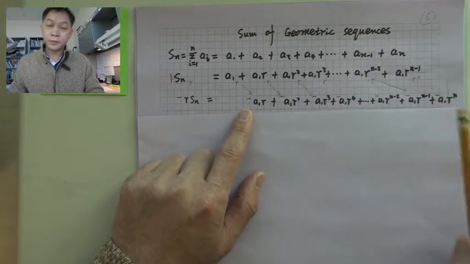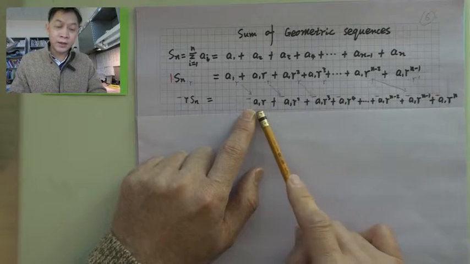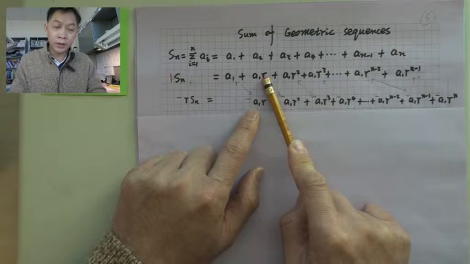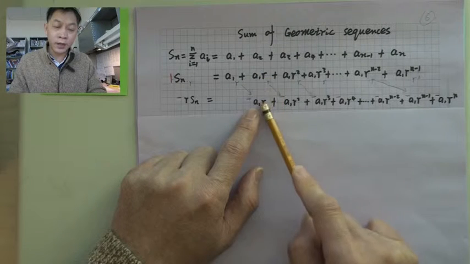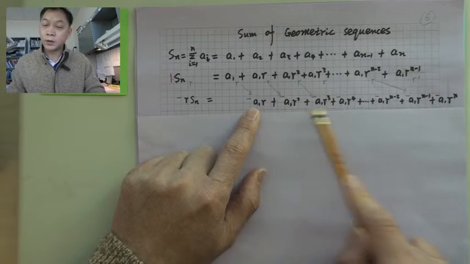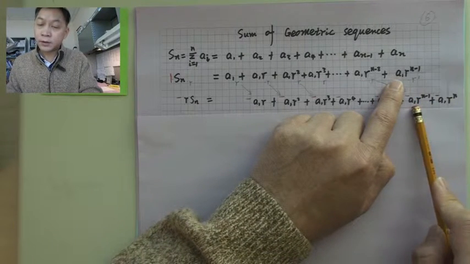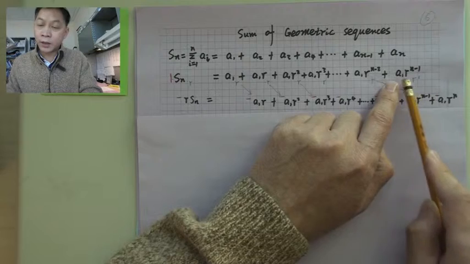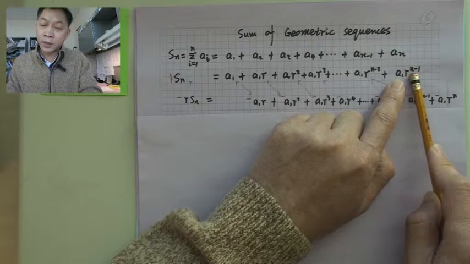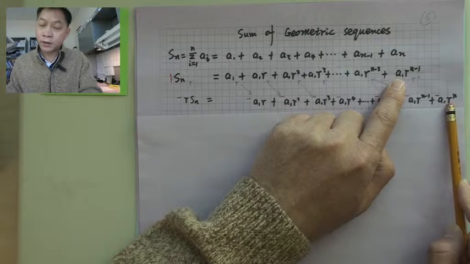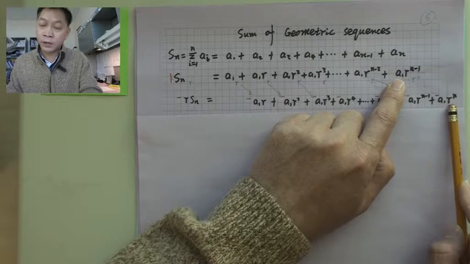You know, here the starting term is A1 r. Here is positive A1 r, here then is negative A1 r. And then here you have A1. Here is r to the n minus 1, r to the n minus 1. Here there is an extra one, is minus A1 r to the n.